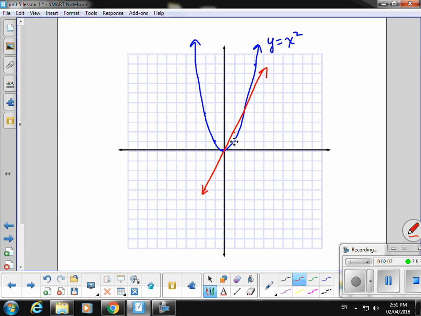We can see by the graph that my y values are decreasing here and increasing here. I can see at the same time that my derivative values are negative here and positive here.